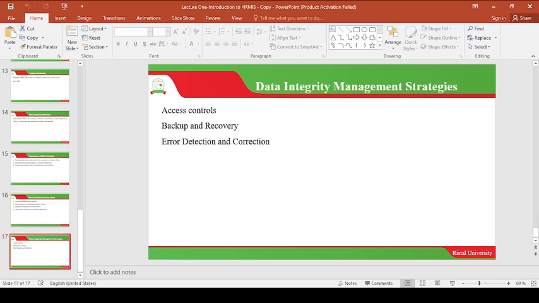Now let us look at the data integrity management strategies. How do you manage the integrity of the data? One is access controls. You need to limit access. Not everyone in the organization should have access to some of the data. You need to assign some individuals to take control of the data, so in case of any loss, they will be accountable.